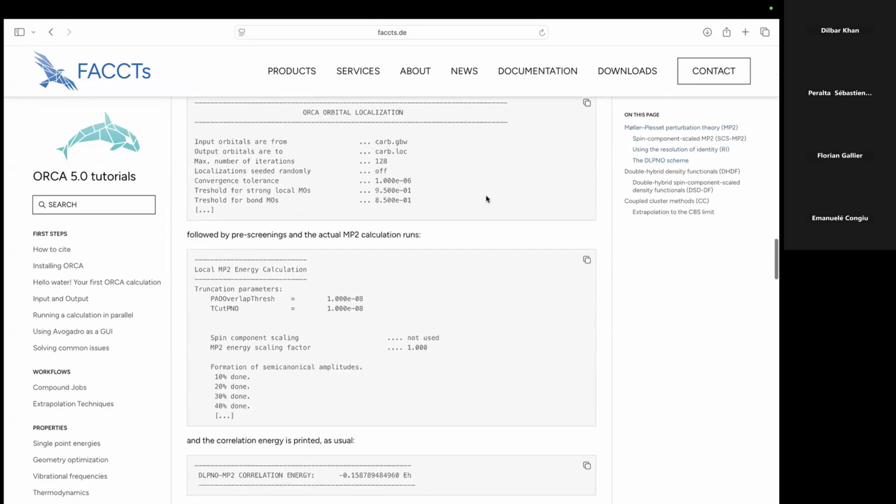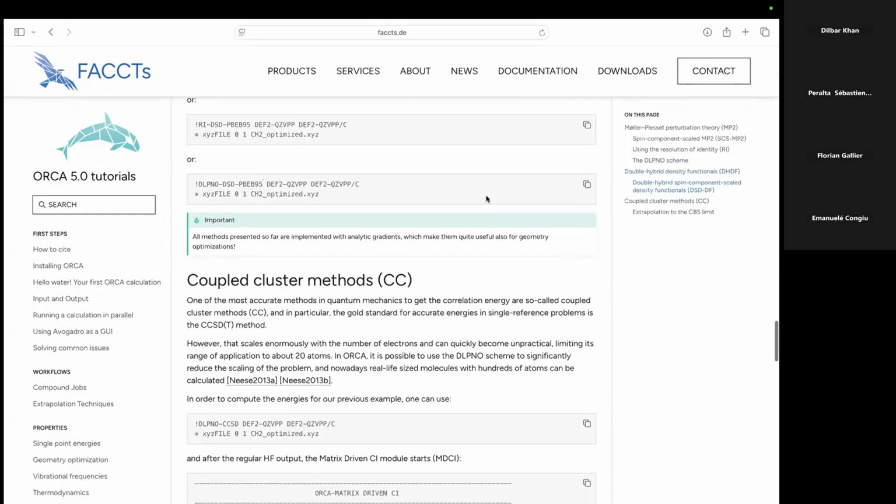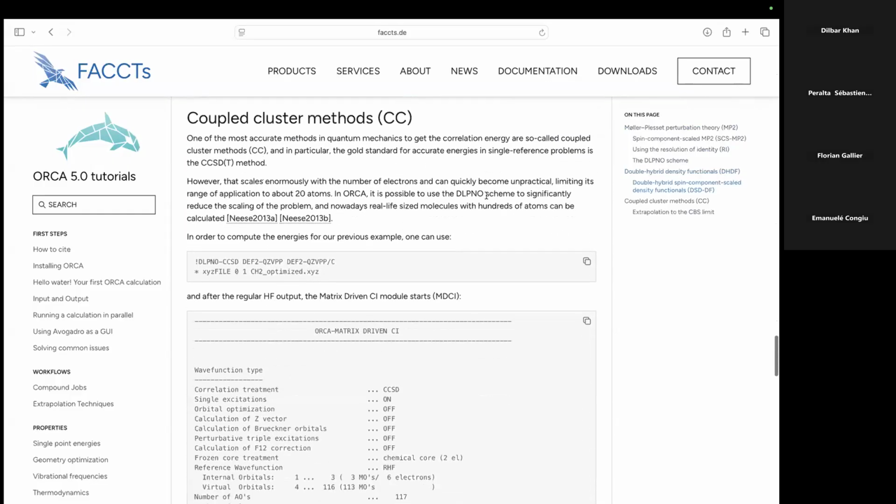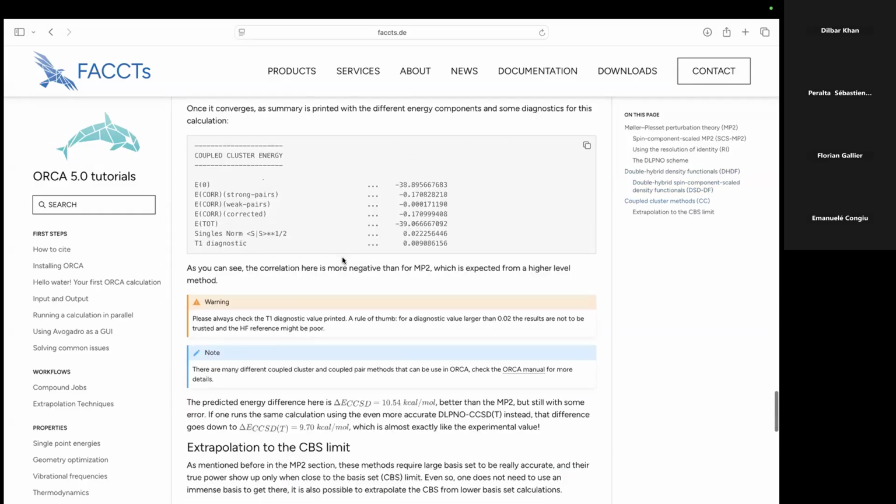We do that because it is very difficult to optimize structures with relatively accurate computational methods. It costs a lot. So we use a relatively cheap but reliable method for geometry optimization, and then take the optimized structure to calculate the energy. That's what they did here.